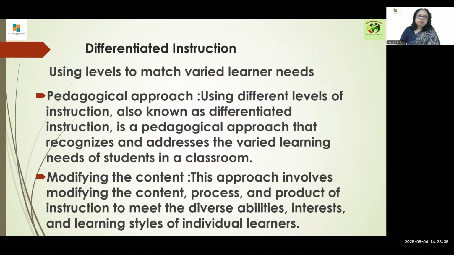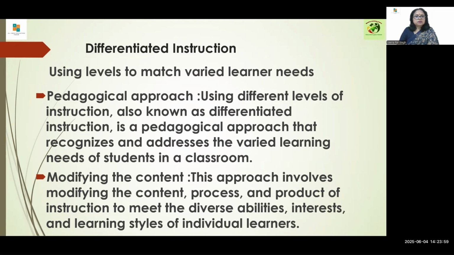One more important aspect which has been discussed a lot in Bloom's taxonomy is differentiated instruction. Now, what does this mean? We are trying to match the needs of the varied learners.